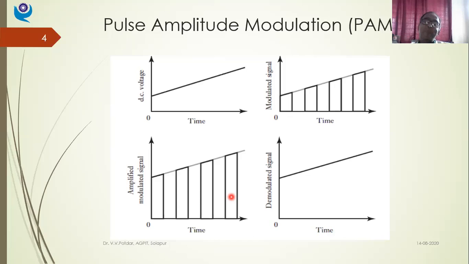So this pulse signal is needed to be converted into analog signal once again. Okay, so original signal is analog, so it is converted to pulse signal. The pulse signal is amplified, and then it is converted into analog output voltage. And this is used for actuation purposes, let us say.